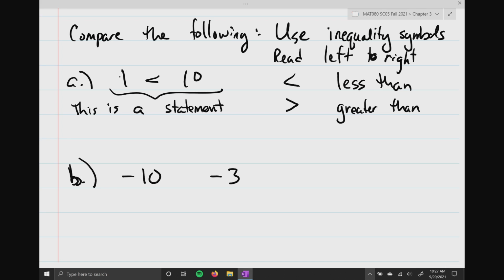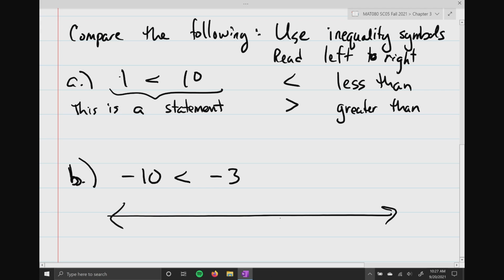And I agree 100%. So here's an example where we have negative 10 is less than negative 3. The answer to this is that symbol right there. That's our true statement. But now let's visually see why. If I were to draw a number line, I'm going to put 0 there so we know to the right of 0 are positive numbers.